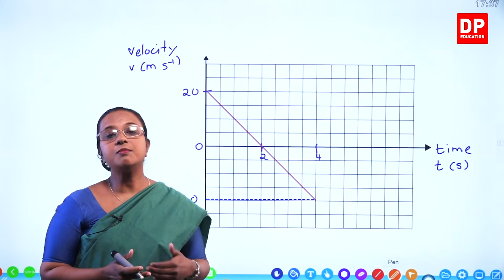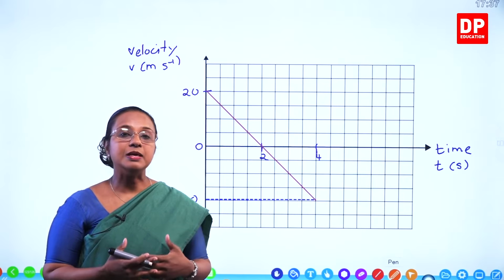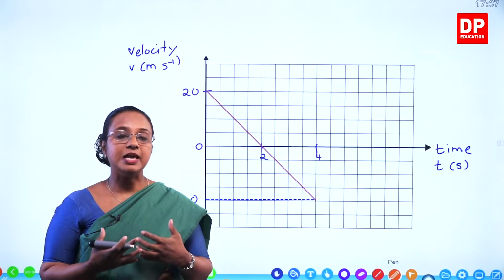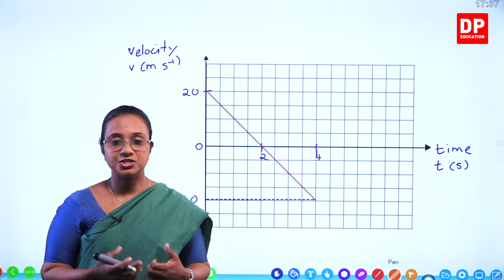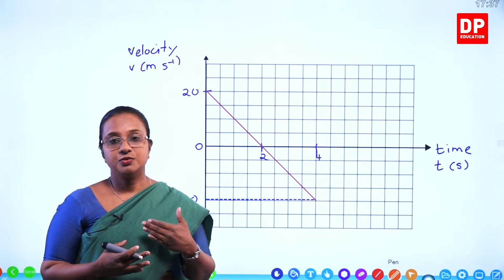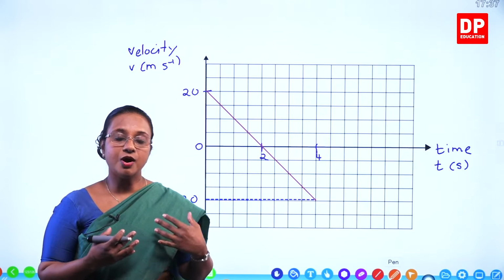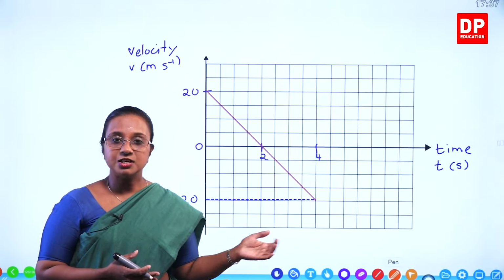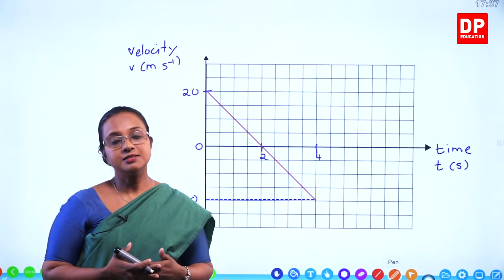When you keep on practicing them, you will be able to get a better understanding and you will be able to do the calculations faster and correctly. So I hope with this you are able to do all the calculations related to motion in a straight line.